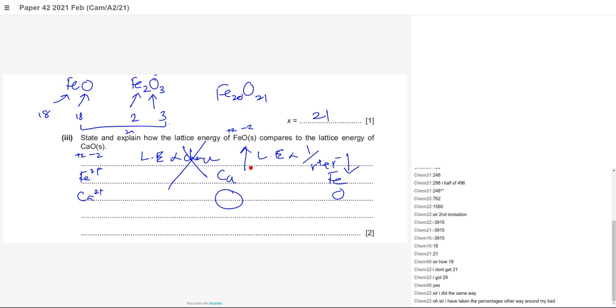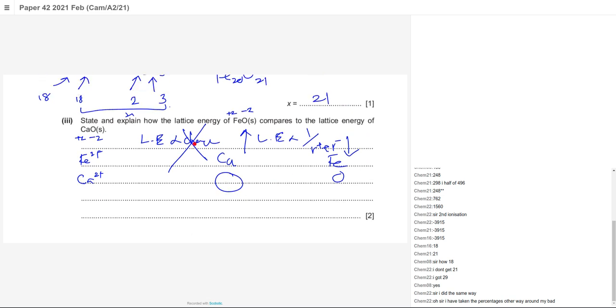As lattice energy is inversely proportional to the sum of the ionic radii, lattice energy of FeO will be much greater compared to CaO, calcium oxide.